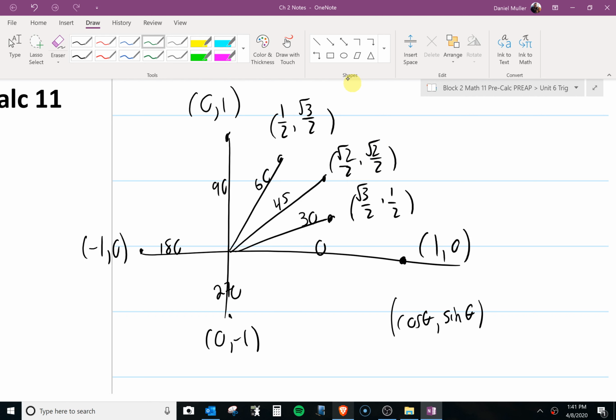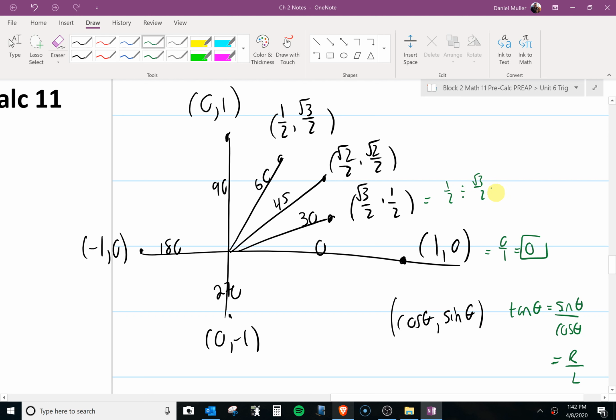Tangent, and we did this before, but tan of any angle is sine of the angle over cos of the angle, which in this chart is the right over the left. So 0 over 1, 0 over 1 again is 0. A half over this. Now remember that the 2's ended up canceling out, so the right divided by the left, and we ended up flipping the second.